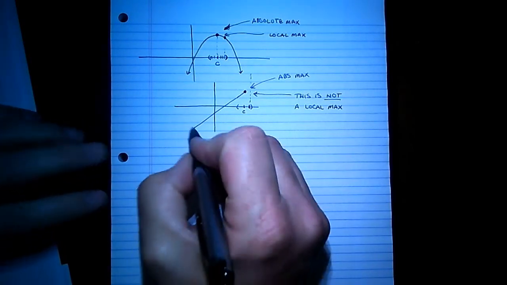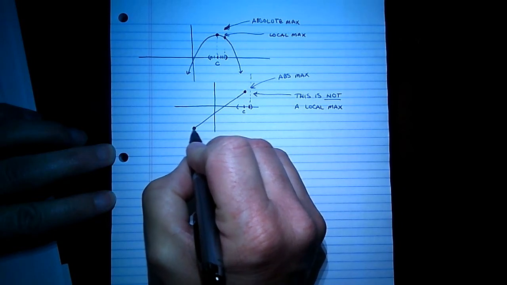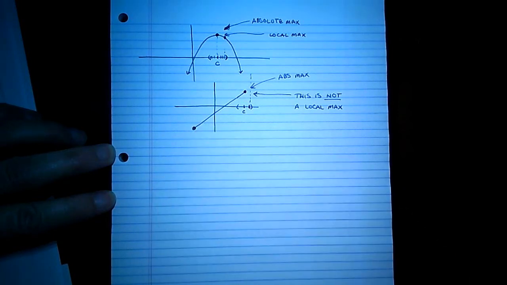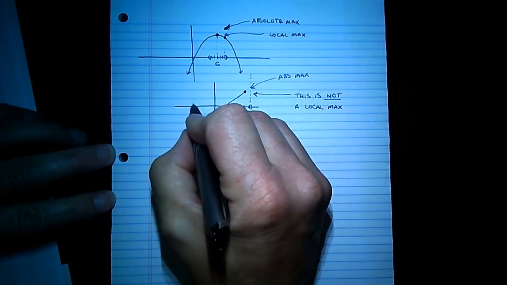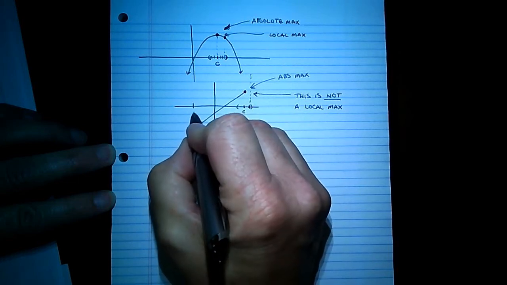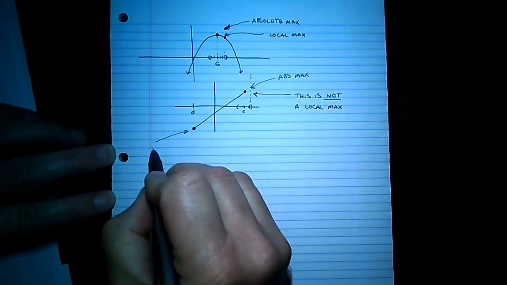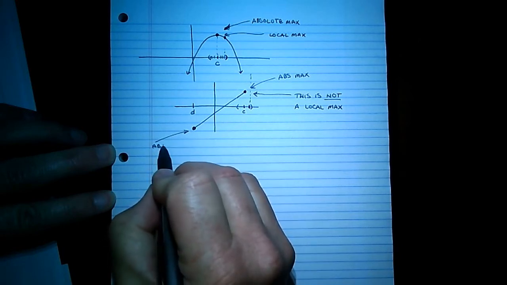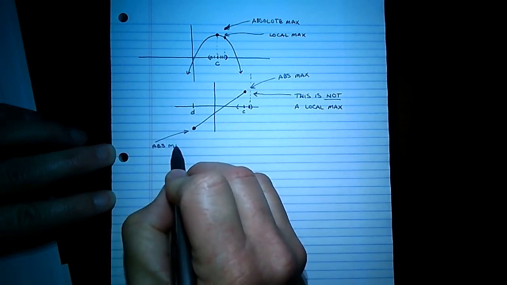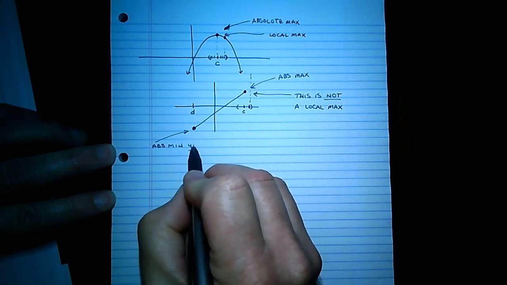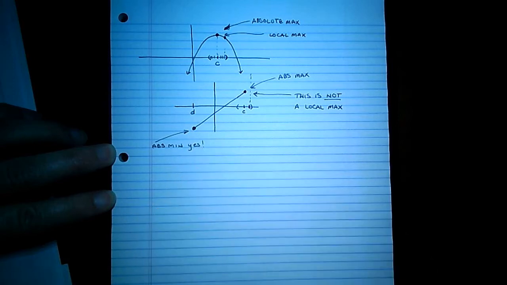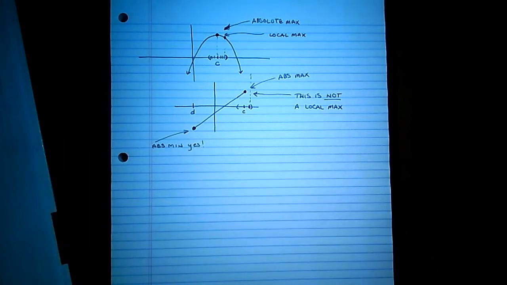If we were to put a dot here and say that just this line segment is our entire function, and we were to come up here and instead of calling this C, we'll call this D, in terms of absolute minimum, we have to say yes. This is an absolute minimum. It is the smallest y value out of all the y values associated with elements of the domain.